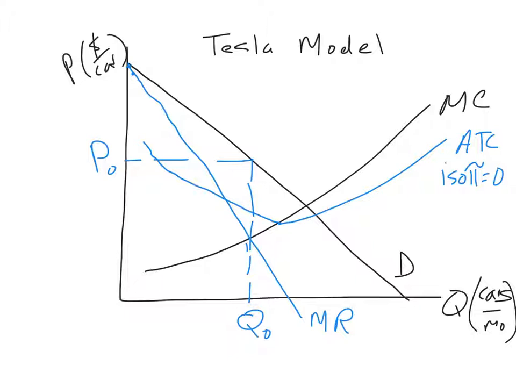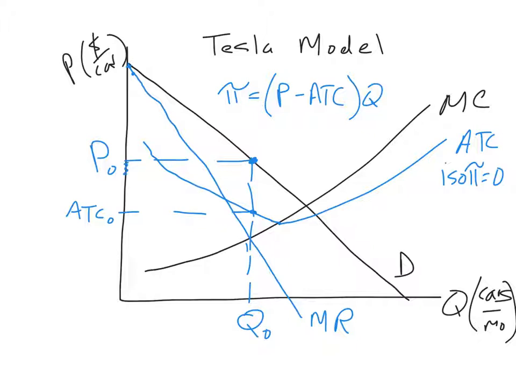Turns out that we can get a visual representation of profits too here. Remember that profits were defined as the price minus average total cost, that's average profit per vehicle, times how many vehicles we produce. Well, notice that there's a graphical analog to that. Average total costs at Q naught are given by ATC naught.